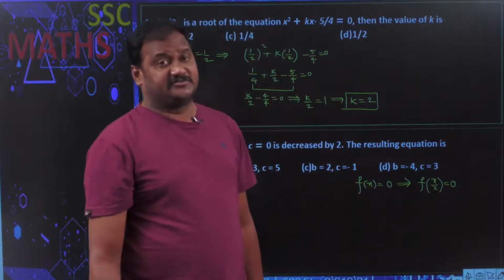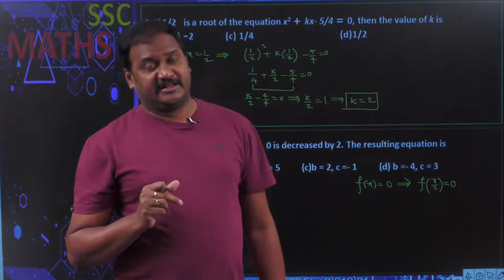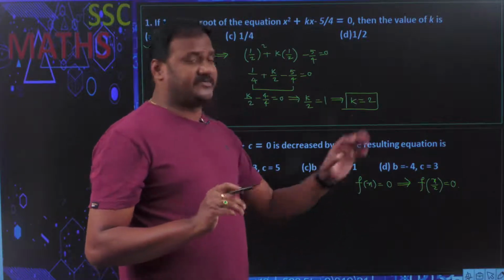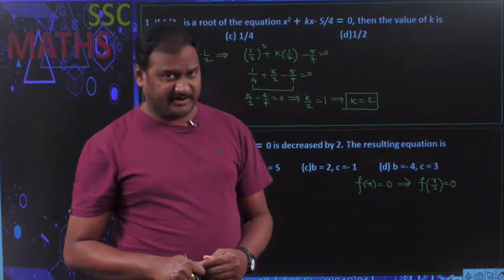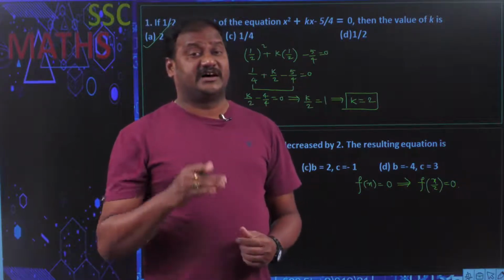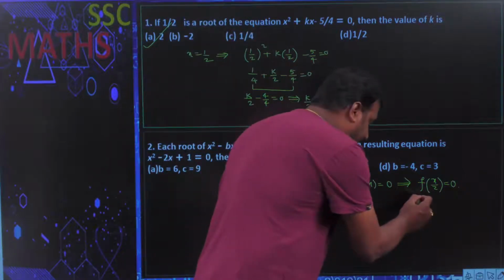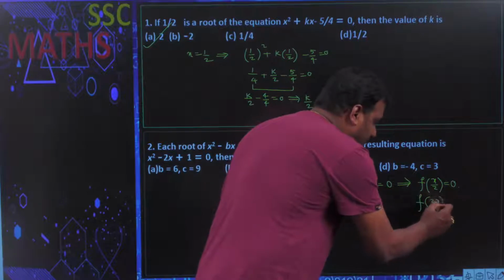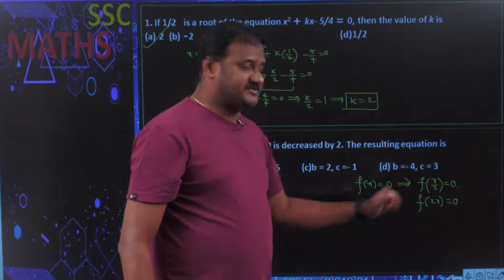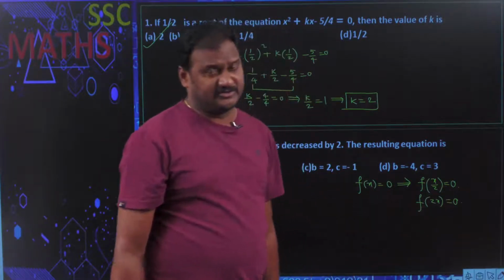Got my point? And now second one: the quadratic equation whose roots are divided by 2 that of the roots of f of x is equal to 0 is f of 2x is equal to 0. Whose roots are multiplied by 2 is f of x by 2 equal to 0. Whose roots are divided by 2 is f of 2x is equal to 0.